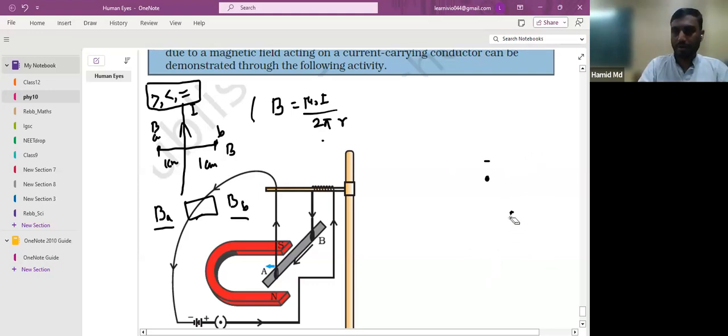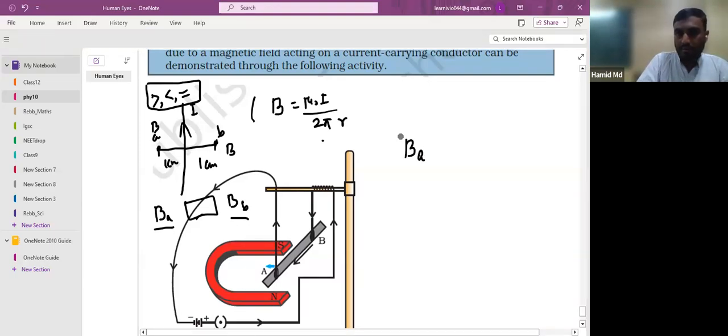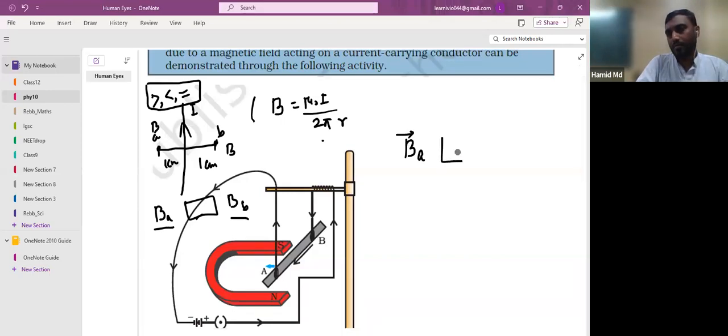So what I will ask now is the following question. B at A as a vector, this will be the direction, fill in the blanks, and this will be the B at B as a vector. Now, how will you respond to this question?